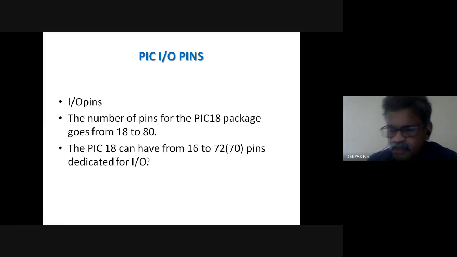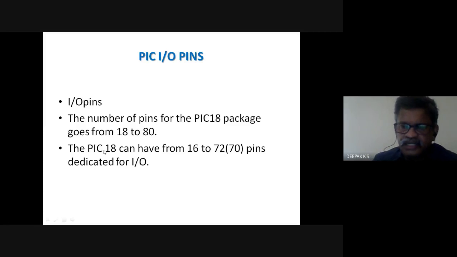You might wonder why only a few pins are left out, because pins would be multiplexed for many functions, not exclusive for some specific function. The same pin, depending upon some configuration, you can use for some other function also.